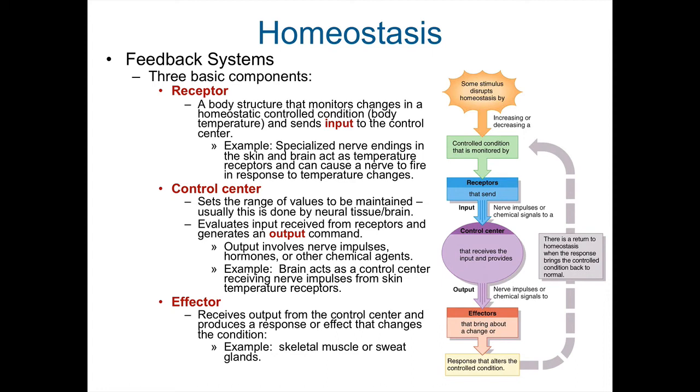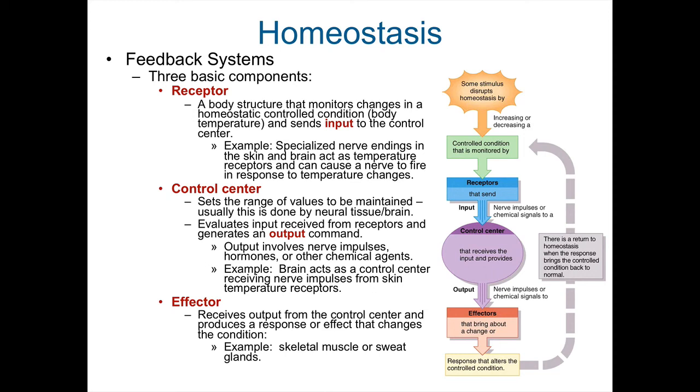And where would this signal go? In order to take my hand back from the hot surface, I'm going to have to use my skeletal muscles. So in this case, that efferent signal is going to an organ, which is my skeletal muscle. So this organ is called the effector organ.